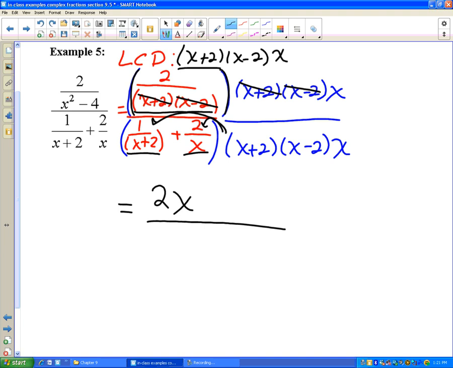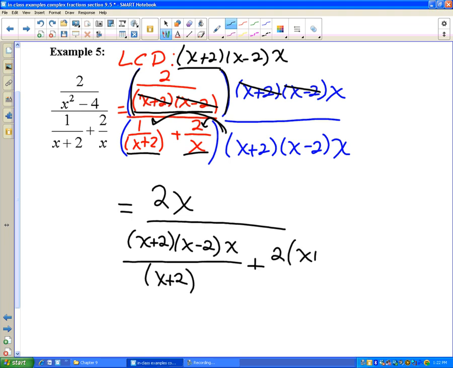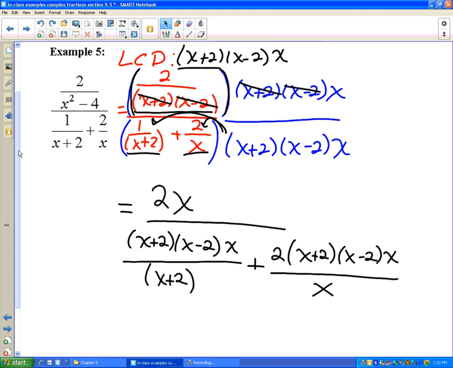So if I do this, the first one, I get x plus 2 times x minus 2 times x over x plus 2, plus 2 times x plus 2 times x minus 2 times x over x. And again, I should expect these small denominators to cancel out.